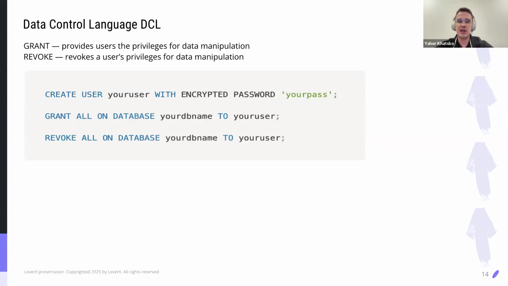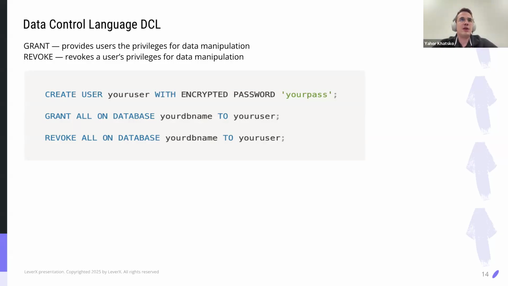so he cannot insert anything in the database directly. He can just get the data and trigger some kind of queries. So that could be done with that kind of commands. As you can see, grant is actually adding the privileges to the user, and revoke just revokes the privileges from the user.